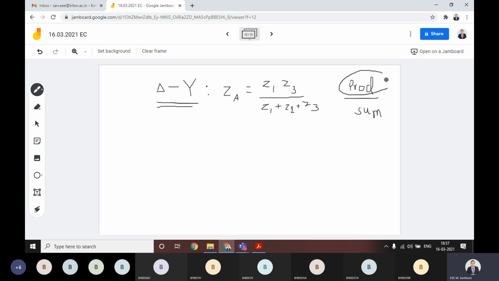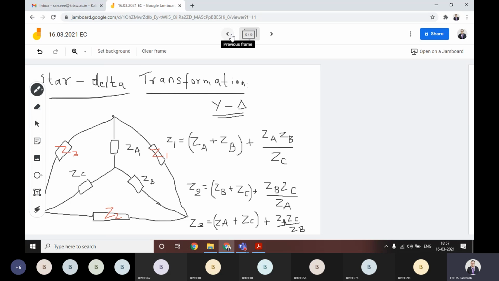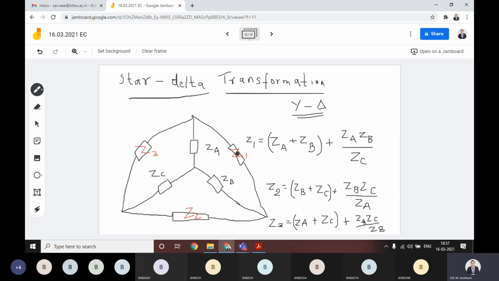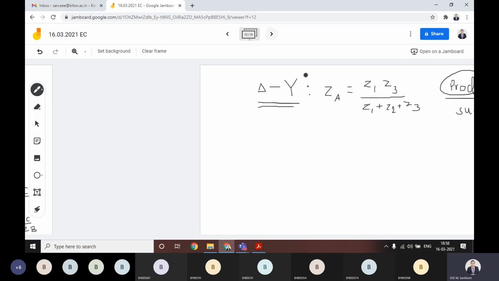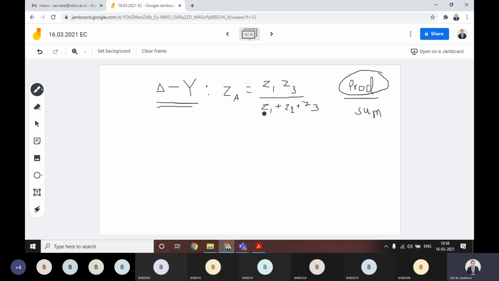Okay, the product is of two Z values. So if you are calculating ZA, this is Z1 and Z3, then you take Z1 and Z3 in the numerator, and in the denominator Z1 plus Z2 plus Z3. Then what is the value of ZB?